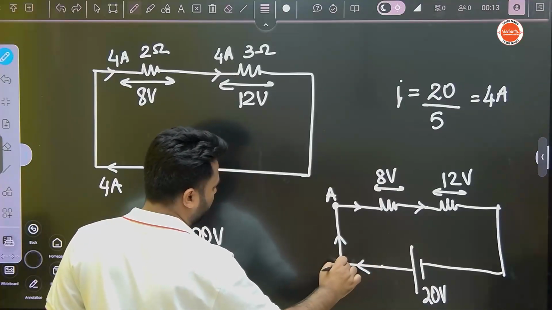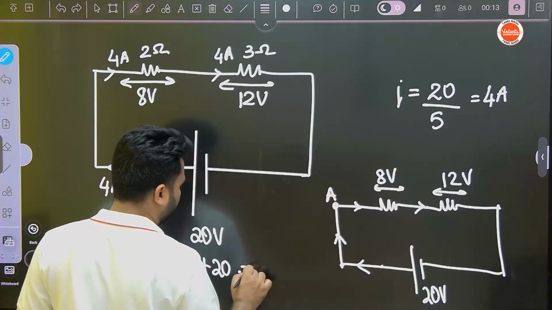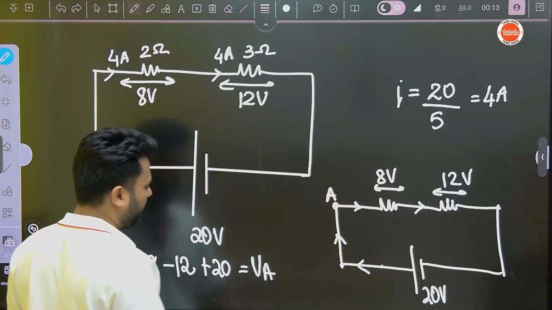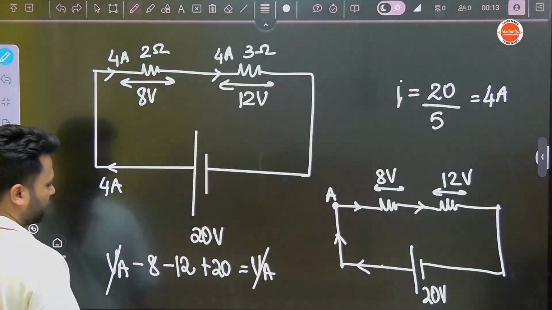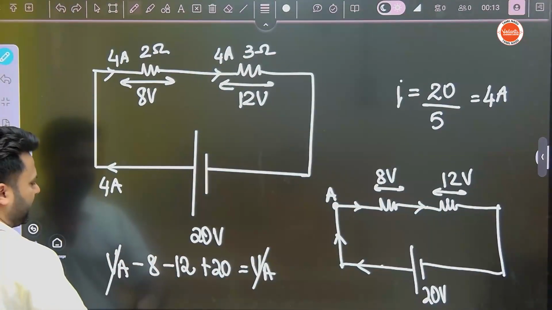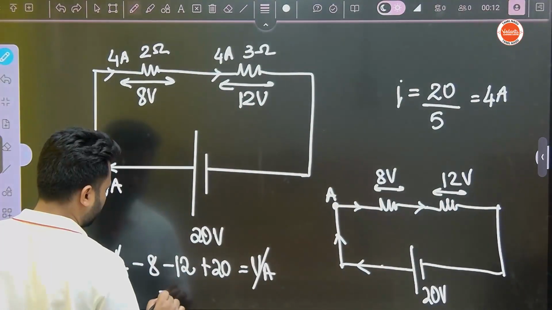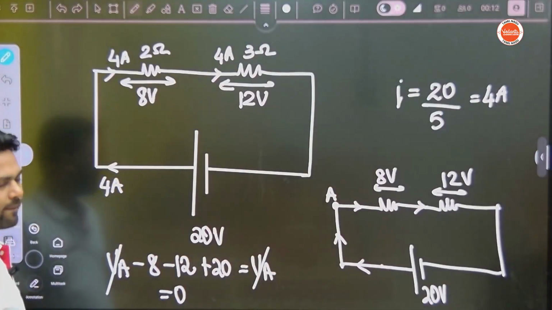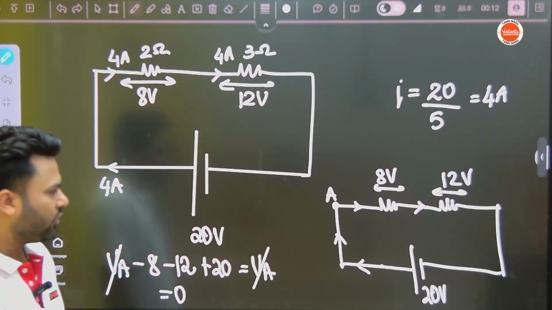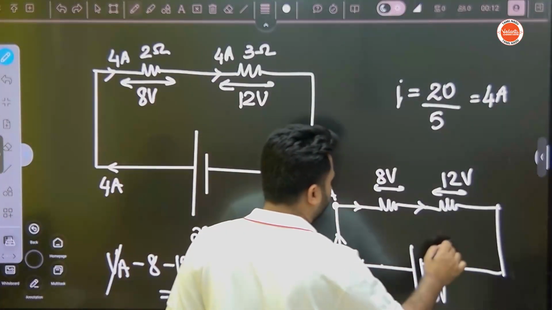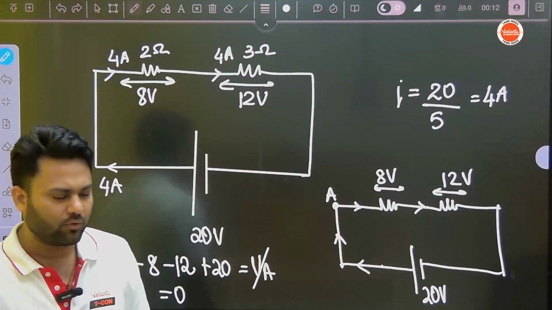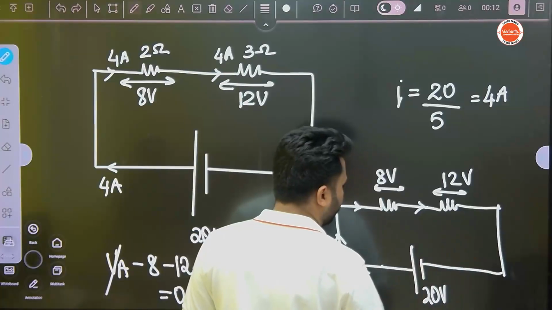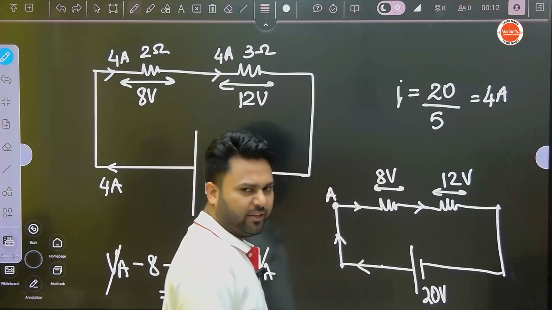So potential at this point is the same as potential at A. So VA cancelled. 20 minus 12 is 8, 8 minus 8 is 0. So if you go through the entire circuit, the sum of all voltages will be 0.